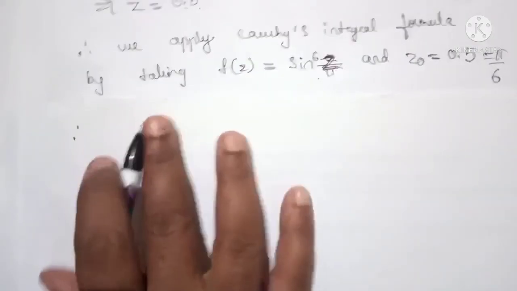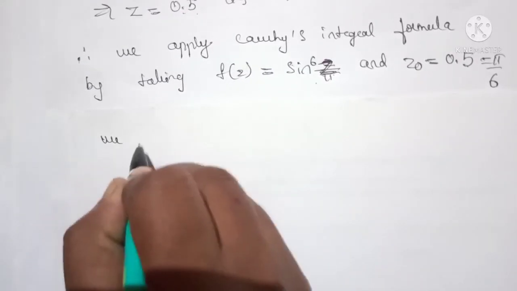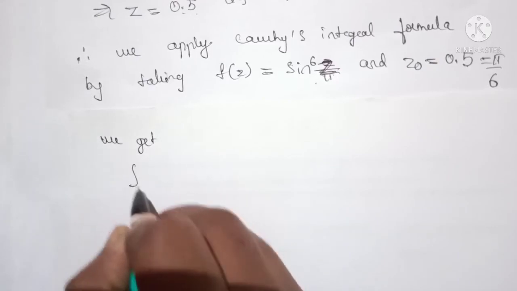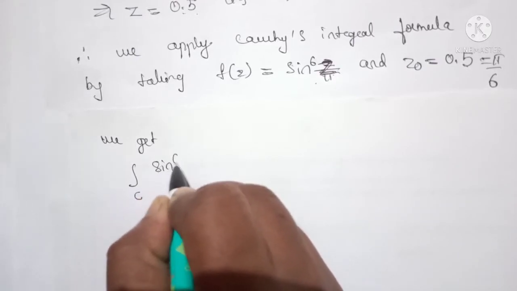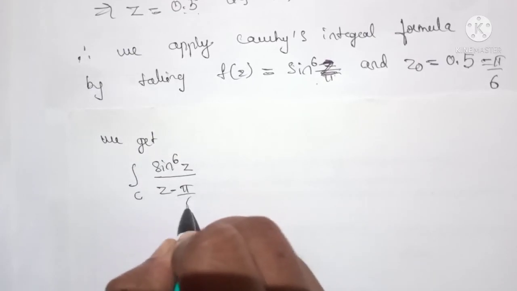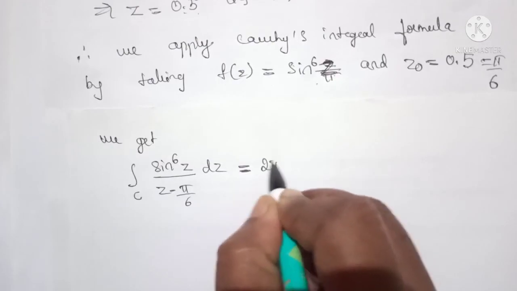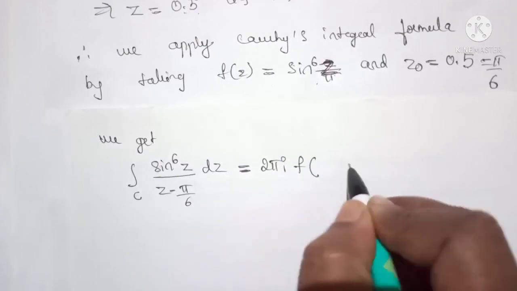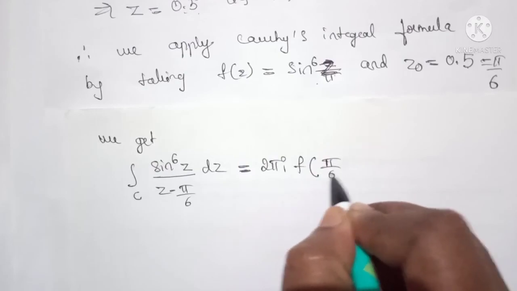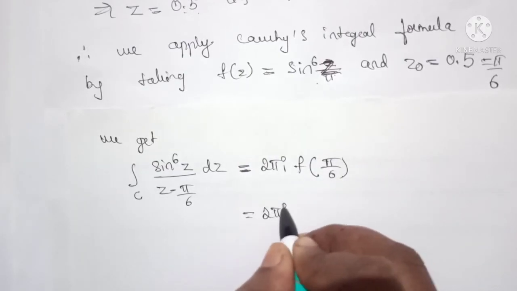Okay, so now applying the Cauchy's integral formula, we get integral c of sine power 6 z divided by z minus pi by 6 dz equals to 2 pi I f of z naught, here pi by 6, or you can substitute 0.5 also, 2 pi I.